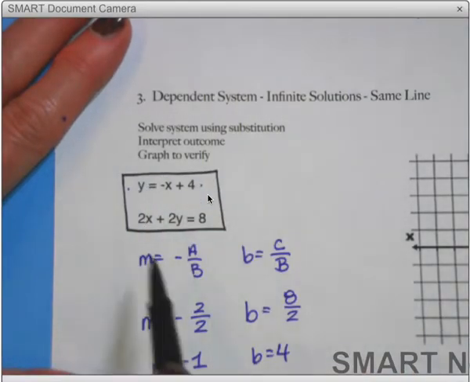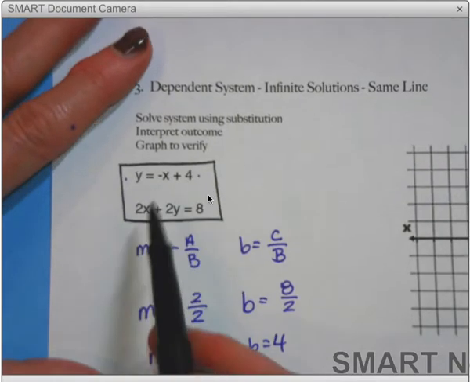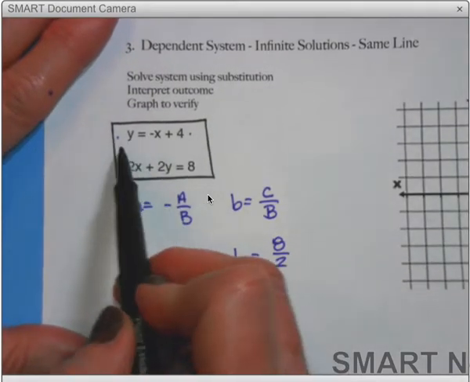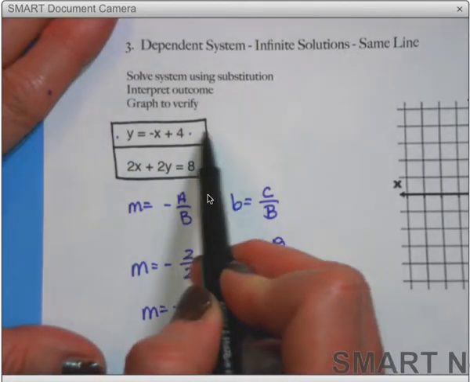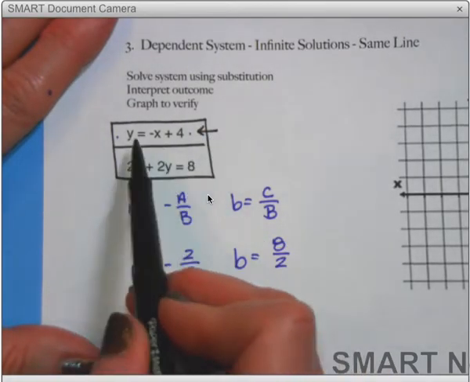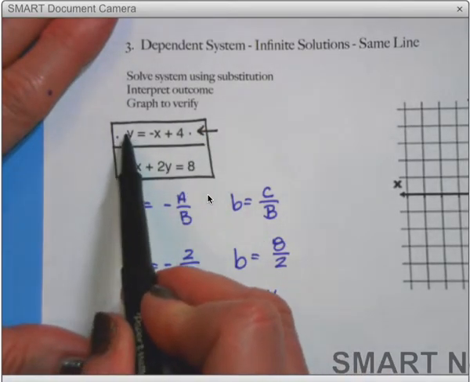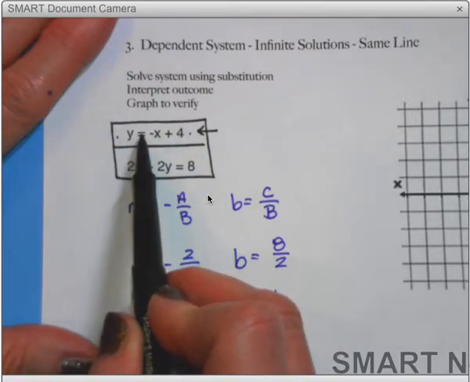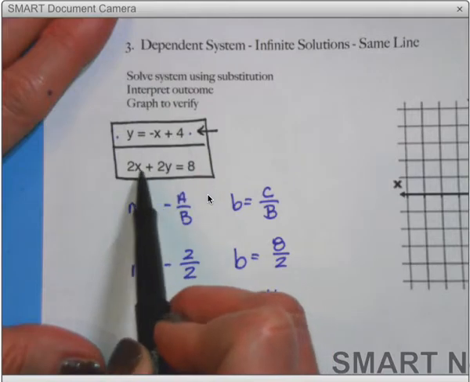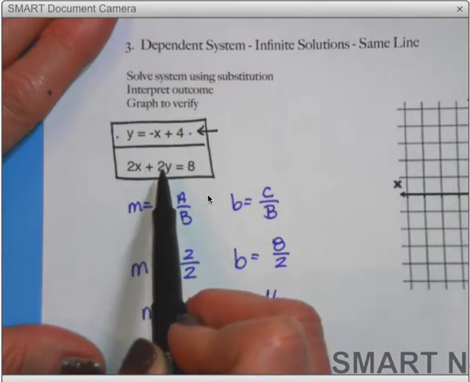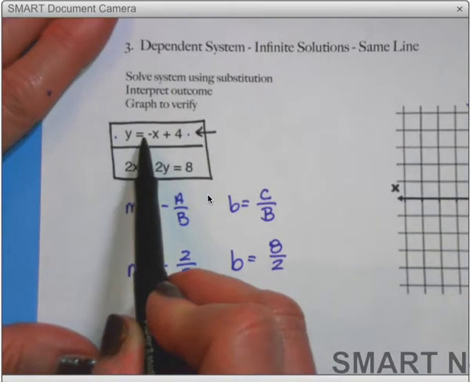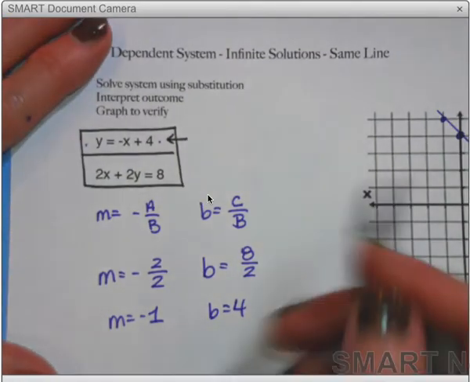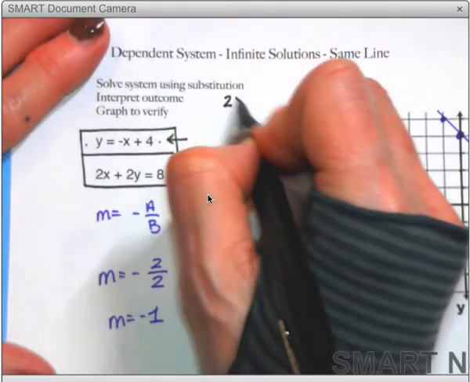I'm going to box this, and here I no longer have y isolated in both, but y is isolated in the first equation. So I'm simply going to take the isolated y expression, negative x plus 4, y equals negative x plus 4, and where y appears in the second equation, I'm going to let y become negative x plus 4. So here I'm going to copy this. This is my second equation.